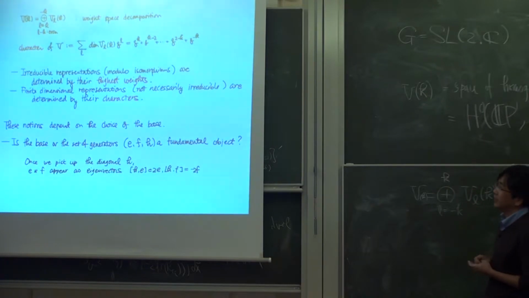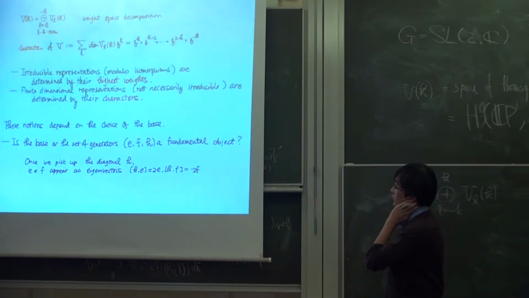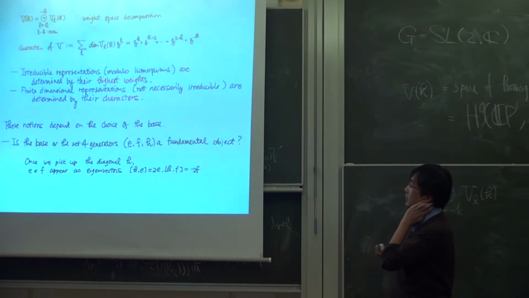So somehow the characters are the most important invariant for finite-dimensional representations of these kinds of groups, and even for infinite-dimensional representations of SL2, the characters are a very important invariant.